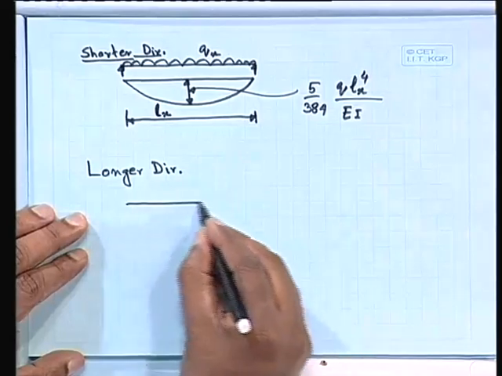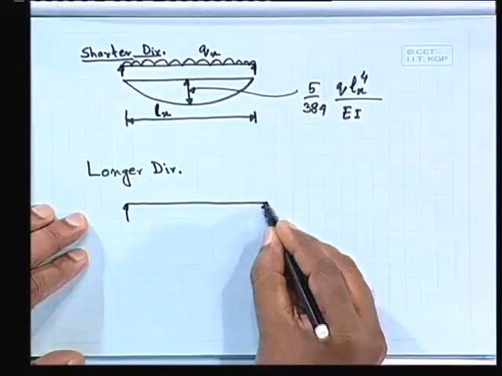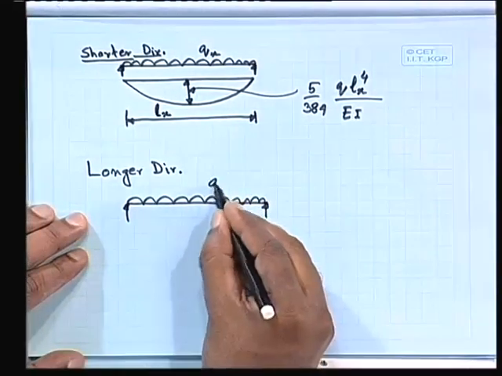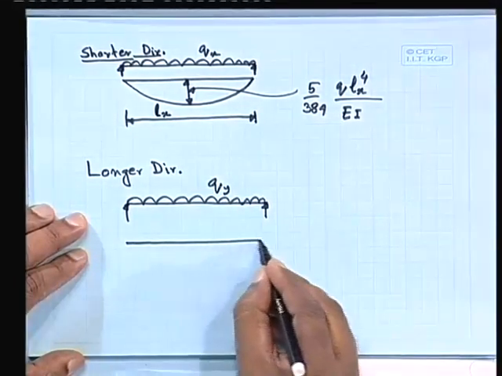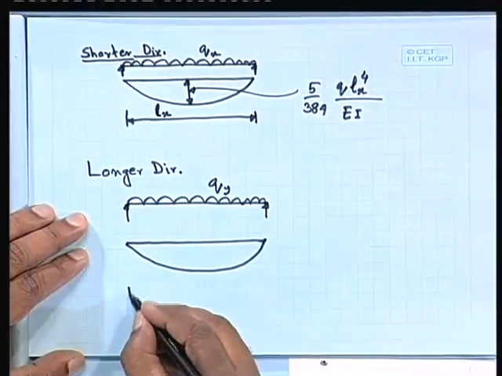in a similar fashion we can write down. On this side we have the UDL Qy and the vertical deflection, and this is your Ly.